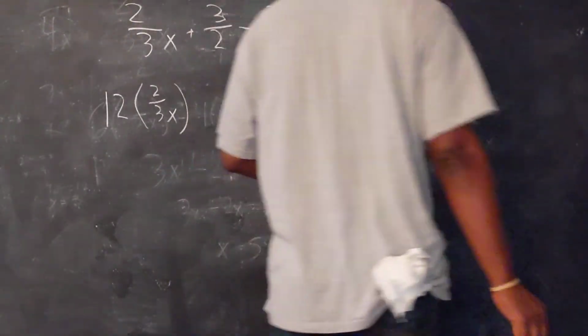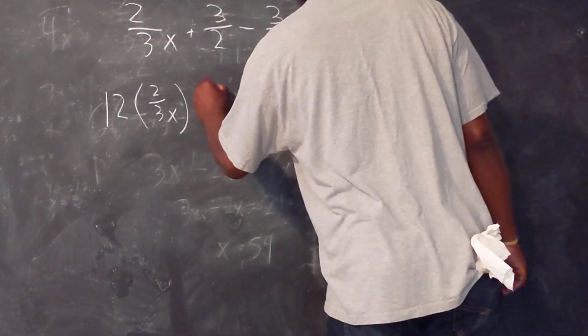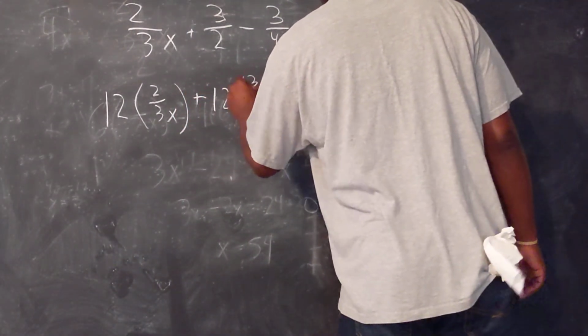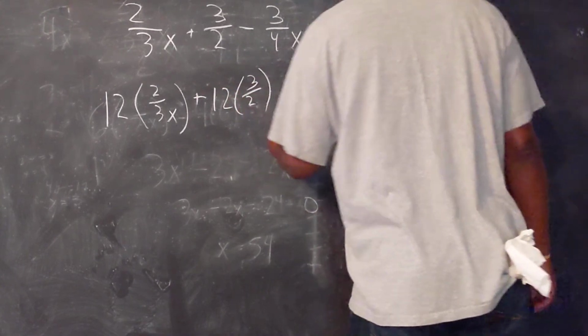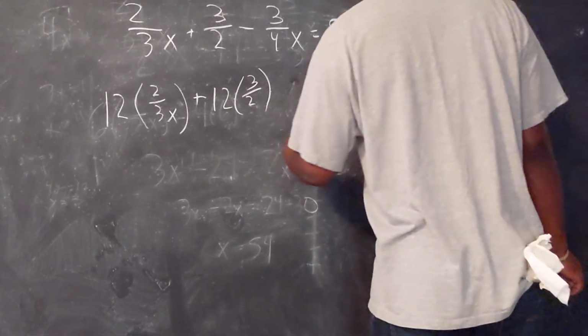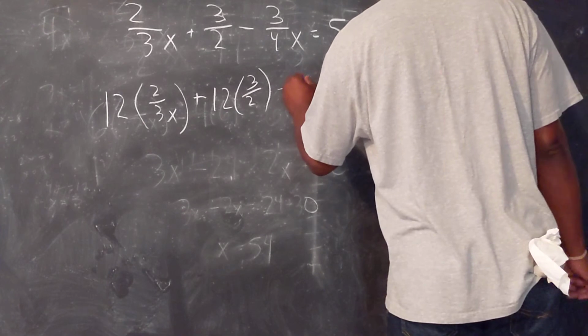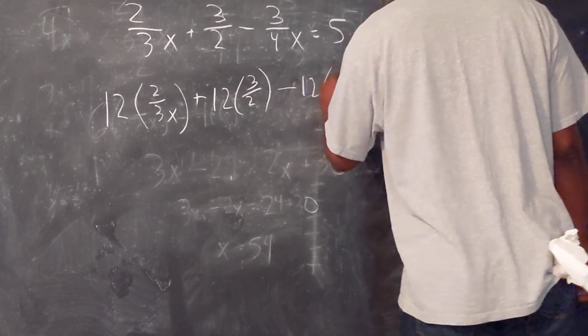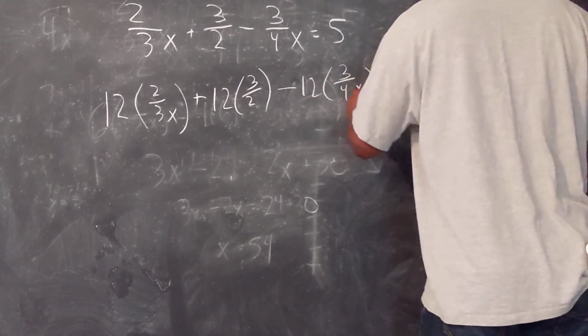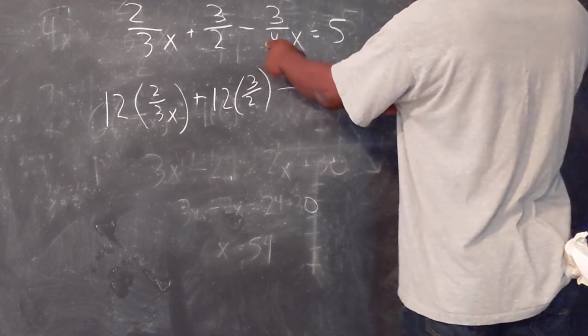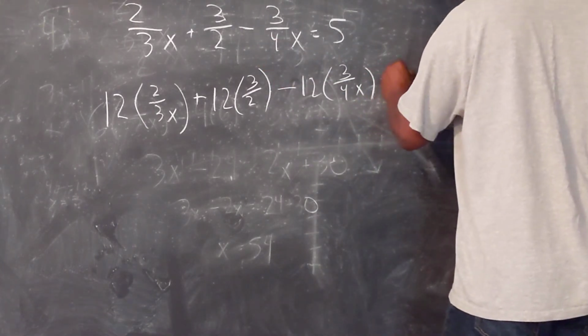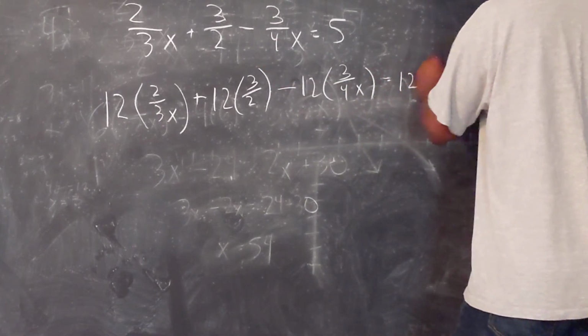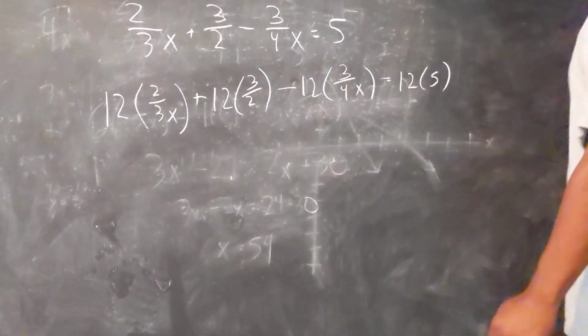That's 12 times 2/3 x, plus 12 times 3/2, plus 12 times the -3/4 x, and then 12 times 5.